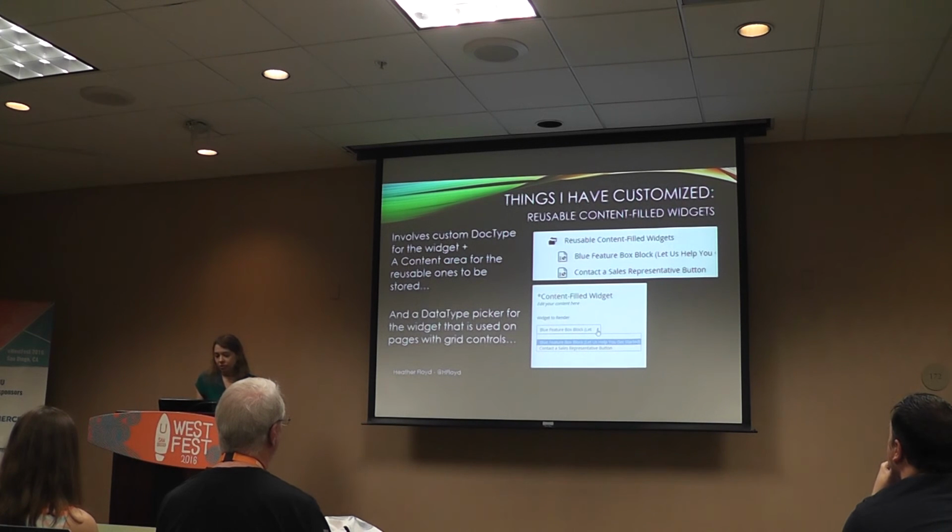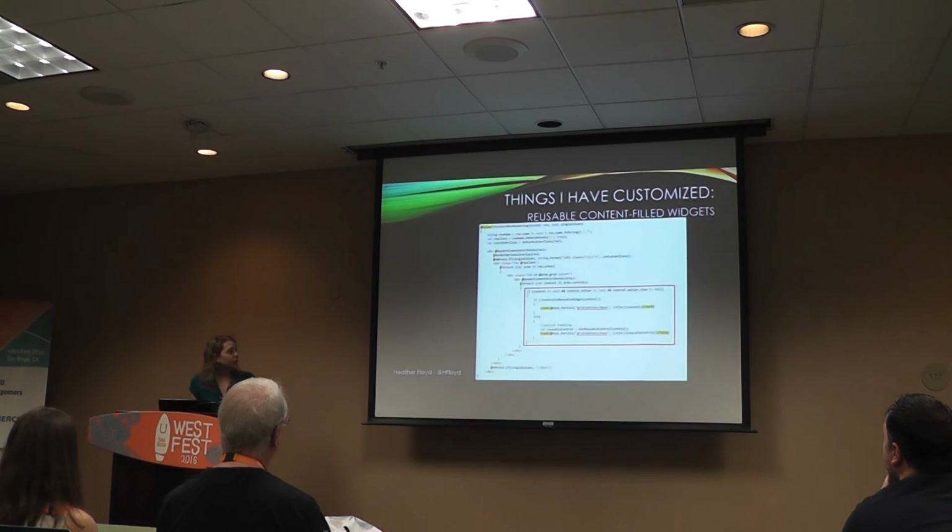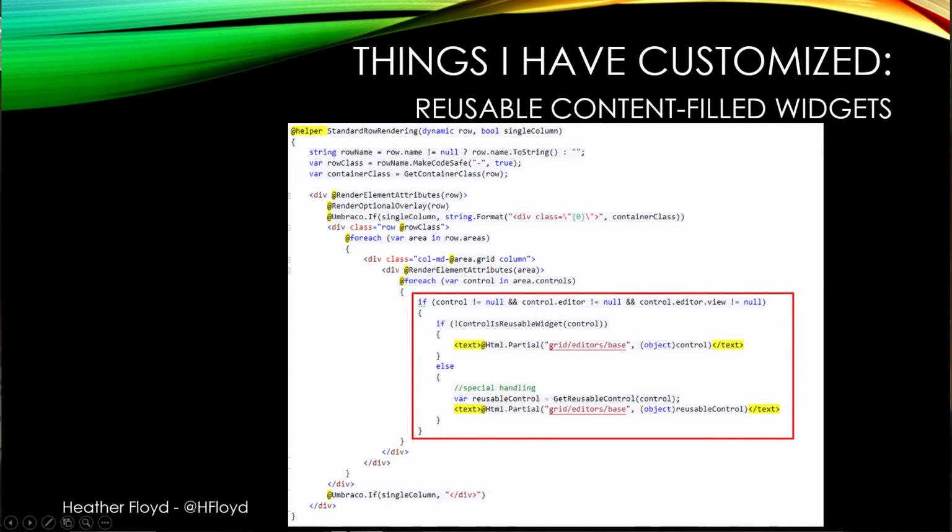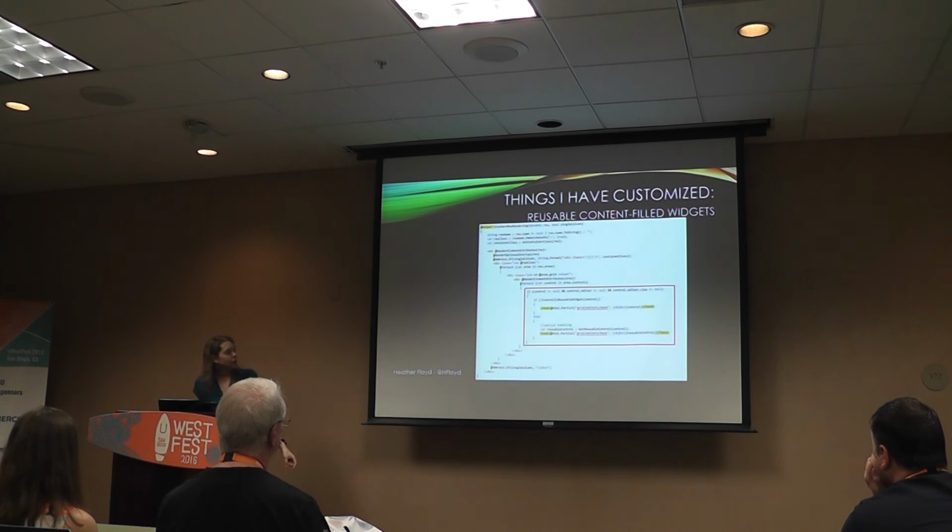So people can actually select one of these reusable widgets instead of recreating a widget from scratch in their layout. And then we just have this special rendering code where we say, if it's this fancy thing, we're not going to use a rendering file. We're actually going to dip into the tree, grab this completely other node, read the grid property off of that, and render that here instead.